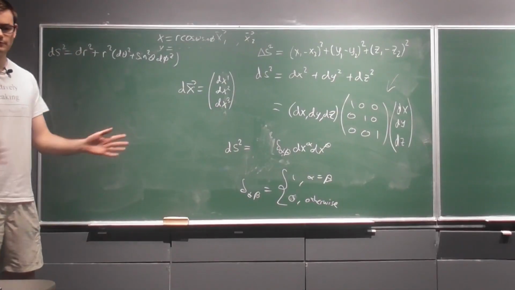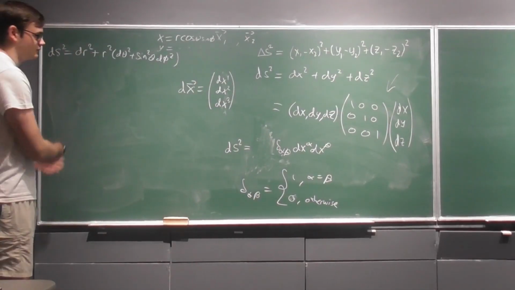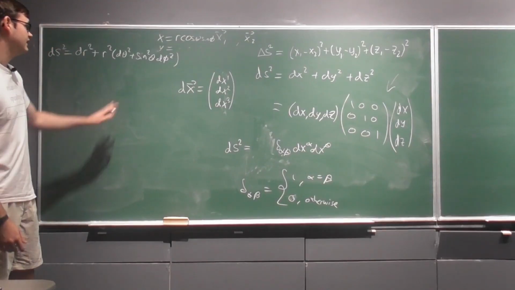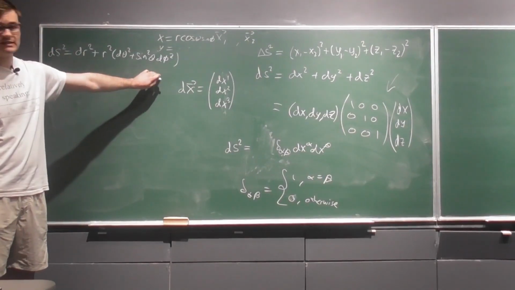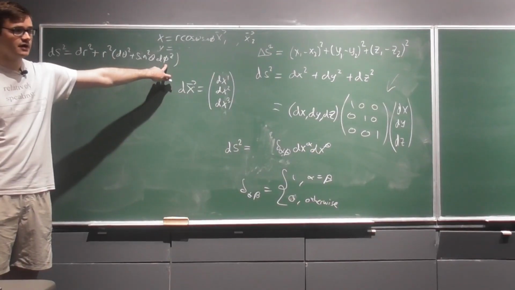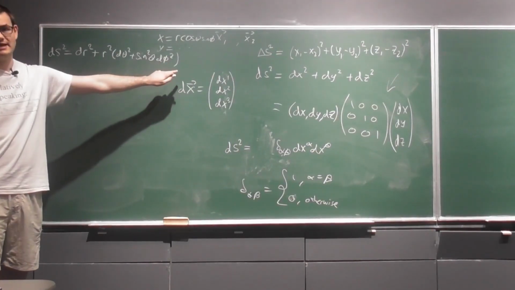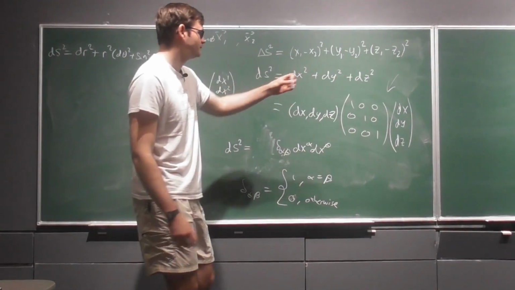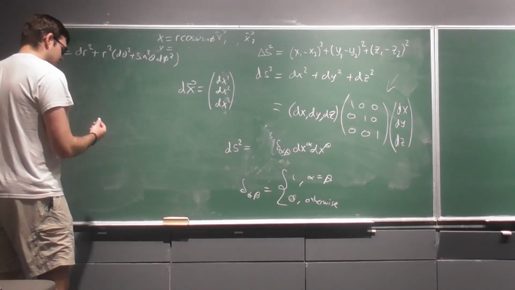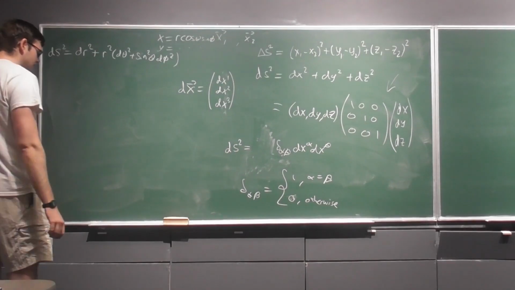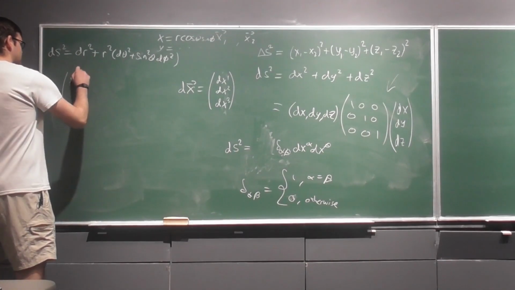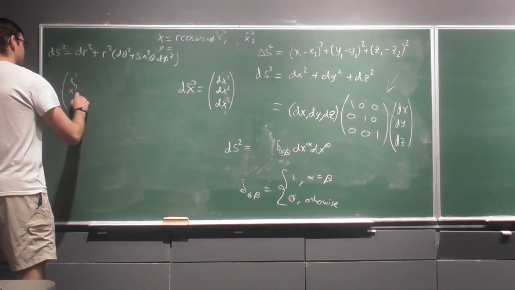The distance shouldn't change depending on which way you look. So we can see if that's reflected in this metric. It's quite easily reflected. If I shift phi by some constant, well, then d phi is the same, and this whole metric stays the same. That's quite easy. But what about these coordinates? So let's have a look at that. Let's say I have my vector x1, x2, x3.